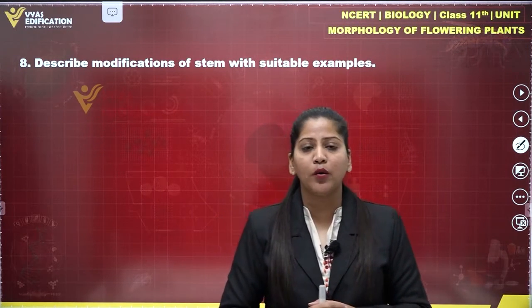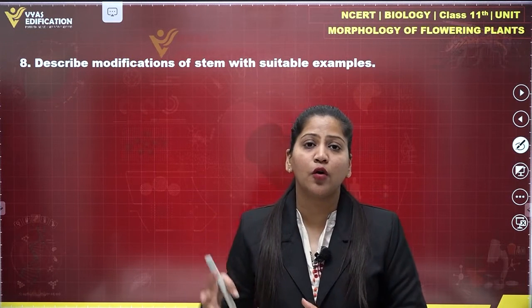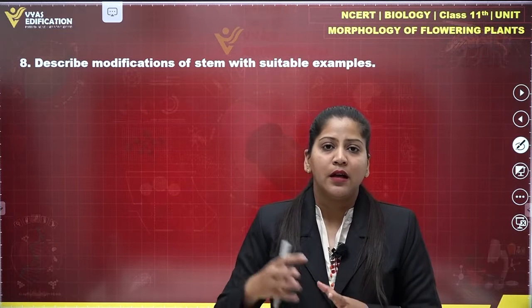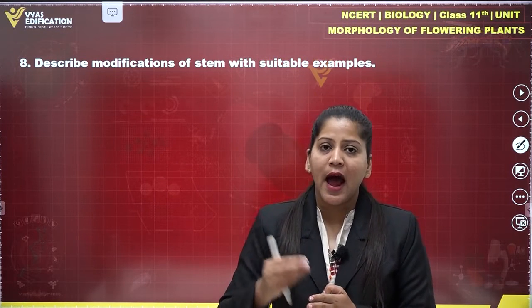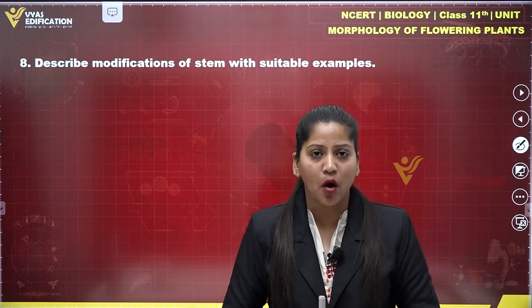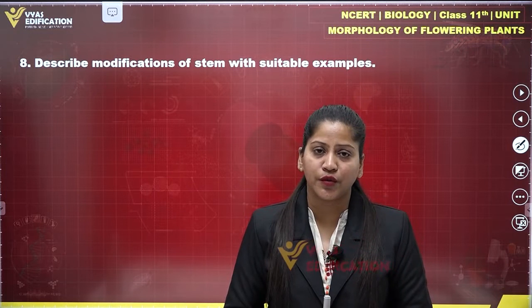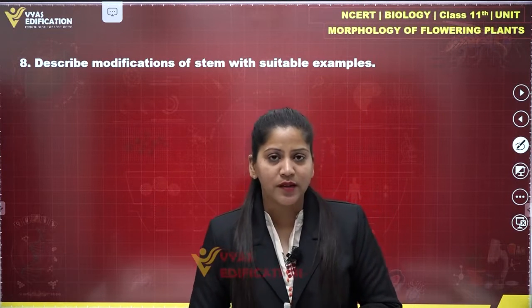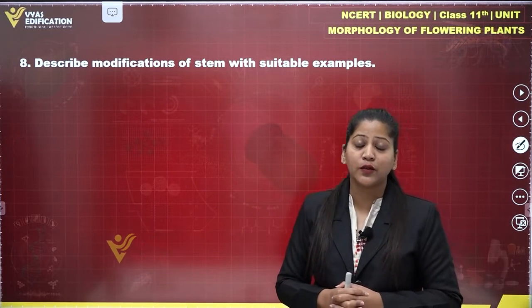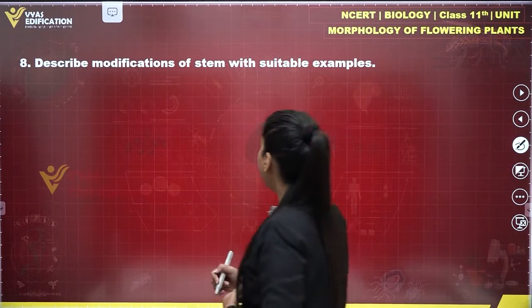Then if we talk about the lateral branch, the lateral underground branch is offset and is found in some aquatic plants such as Eichhornia. They bear some leaves and tuft of roots at nodes, giving rise to new plants. So these are the various kinds of modification in stems.